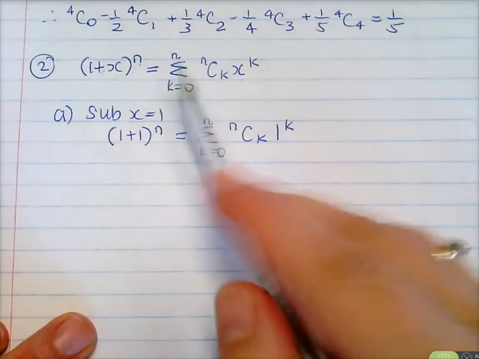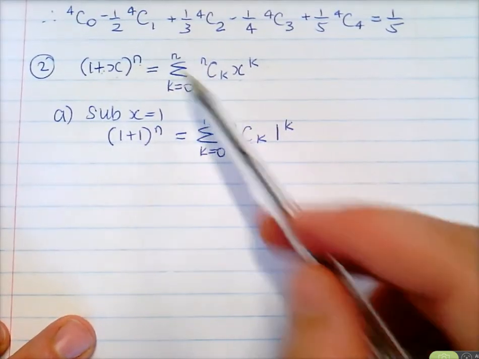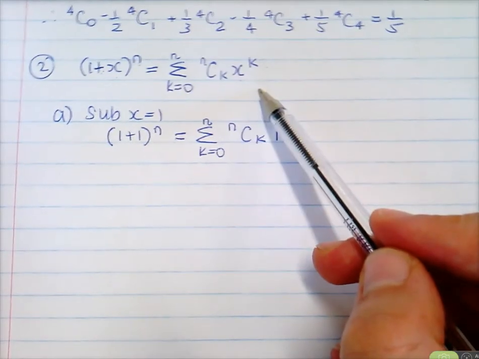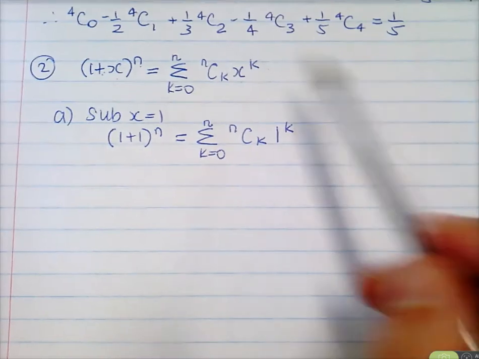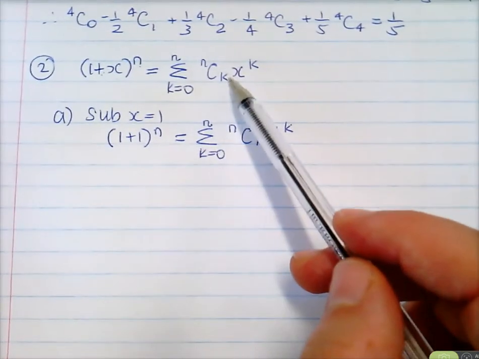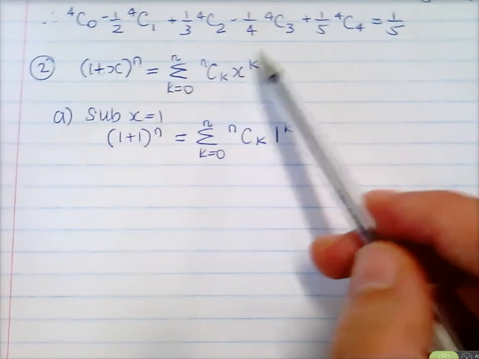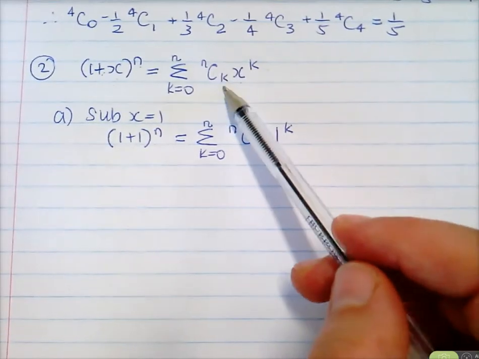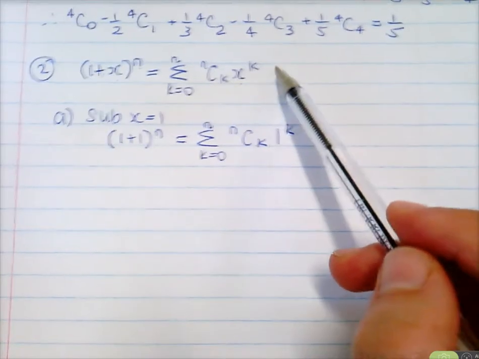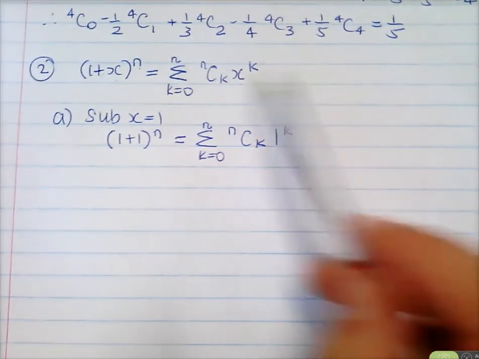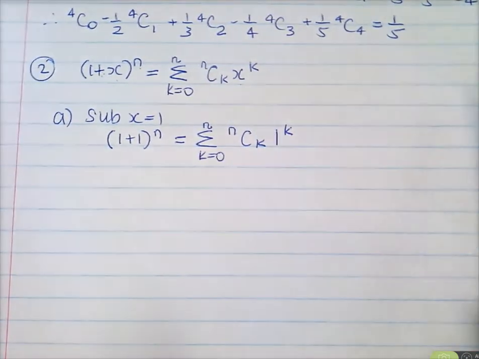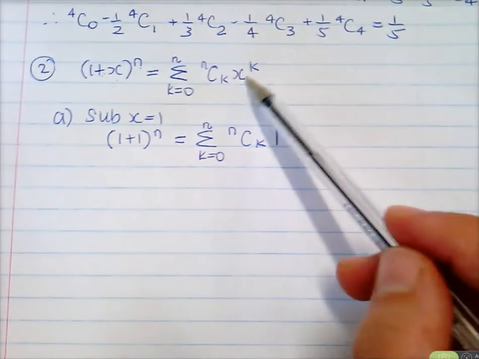So we start with this. Girls, this is a condensed version of the binomial expansion. Instead of writing out each term, they're saying it's the sum of all terms where you start with k is 0. So the first term would be nc0, x to the 0. The second term would be nc1, x to the 1, plus nc2, x squared, all the way up to ncn, x to the n.